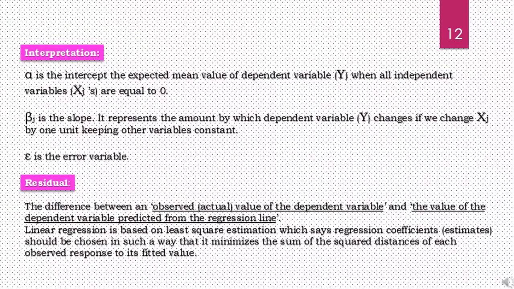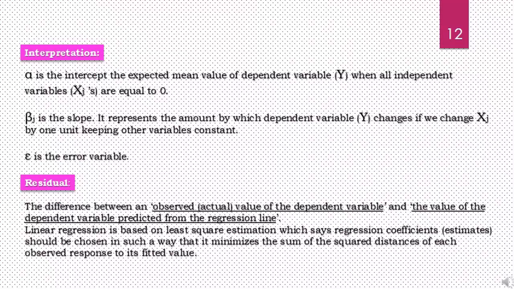Interpretation. Alpha is the intercept, the expected mean value of the dependent variable y when all the independent variables xj's are equal to 0. Beta j is the slope. It represents the amount by which dependent variable y changes if we change xj by 1 unit, keeping other variables constant. Epsilon is the error variable.